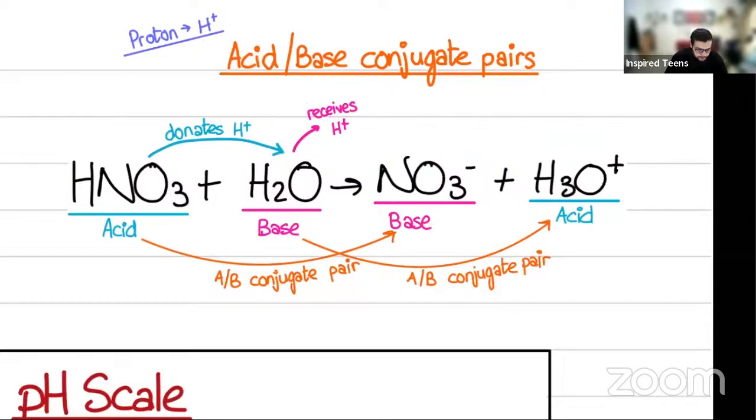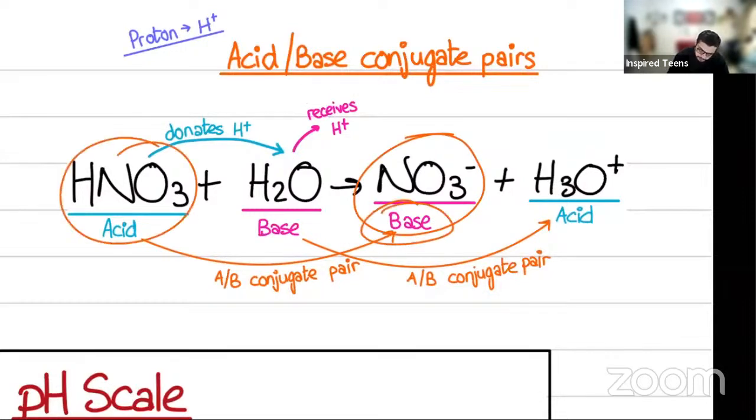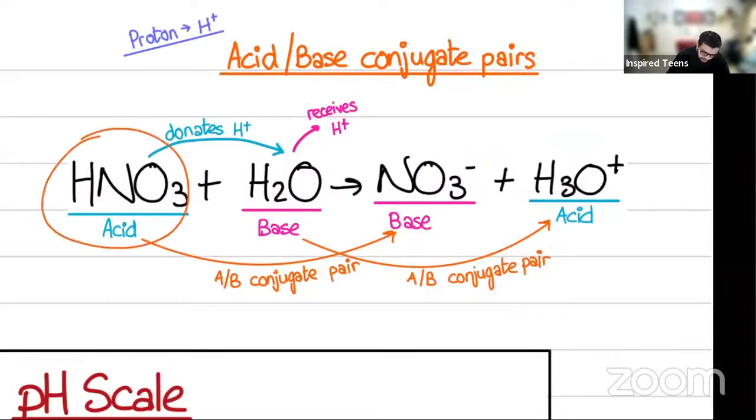So we can say that NO3 minus is the conjugate base of HNO3, or we can say HNO3 is the conjugate acid of NO3 minus. Because again, in an acid-base conjugate pair, you have to have one acid, one base.